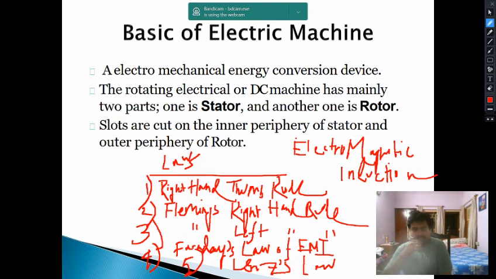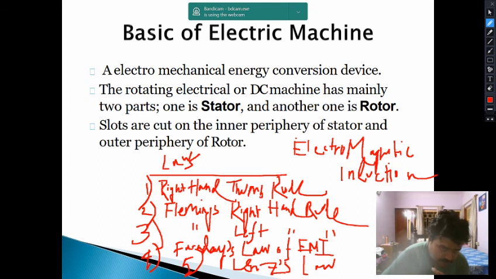Not only DC machine, I am telling you about any electrical machine, you will be able to visualize like crystal clear water. So of course you have to study and comprehend each of these laws, and in the upcoming lecture, along with the construction of the machine, I will explain you the laws one by one.